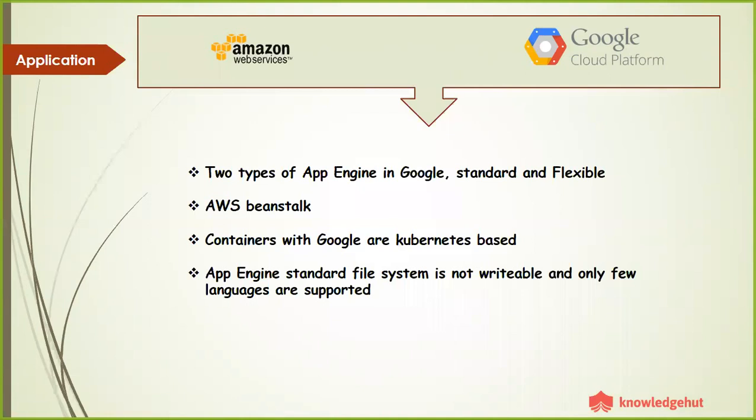You need to use external storage for writing your things, but that's not a big problem if you have architected your application in a really good way. I have deployed even WordPress on App Engine standard in the past. Well, the flexible one is really, as the name suggests, flexible. You can use different kinds of languages, and even lots of flexibilities are available in that one.